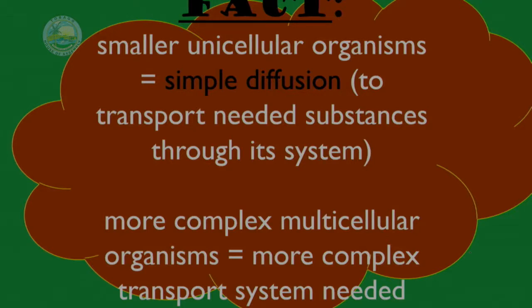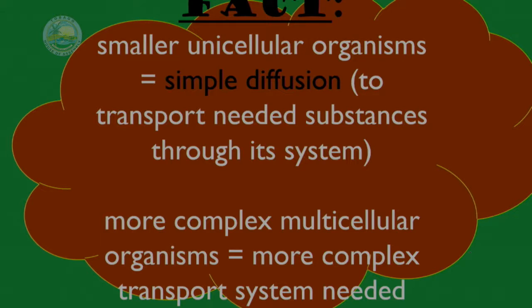So what does that mean in terms of biology and transport? It means that smaller unicellular organisms, for example amoebas, which are one cell big, can simply diffuse substances through their surface, that surface area there, the cell membrane, and into the entire organism, right?